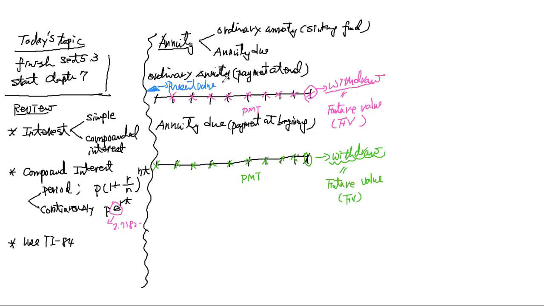The present value means, at the future value here, how much you need to put in as a big lump sum at the beginning, with the same interest rate, to reach the same value as your future value. That's what we call the present value, the lump sum here.